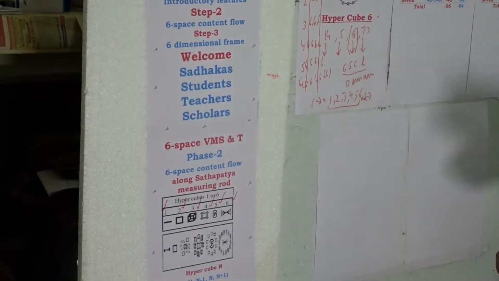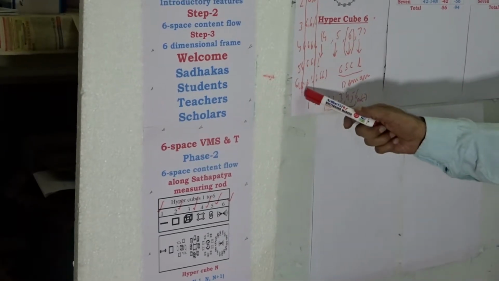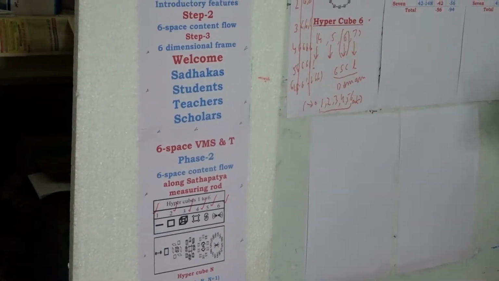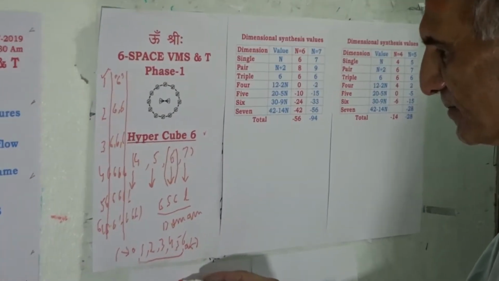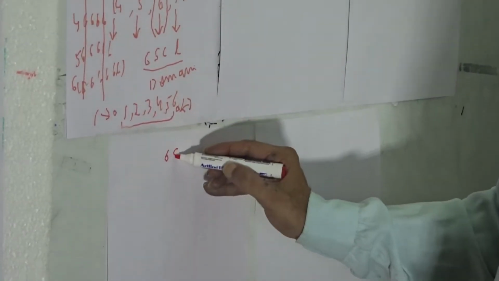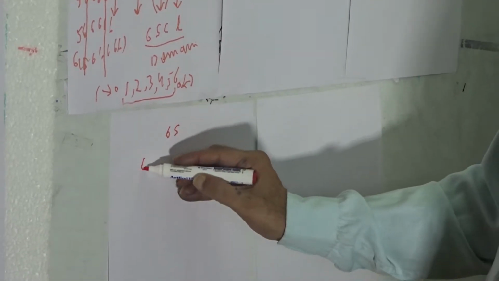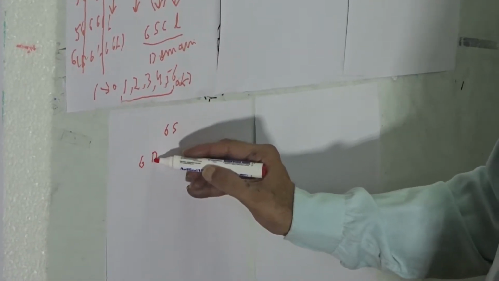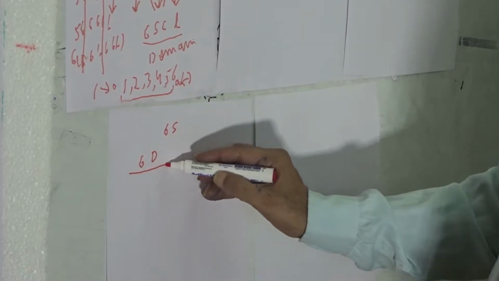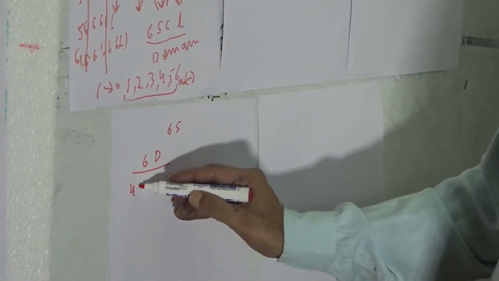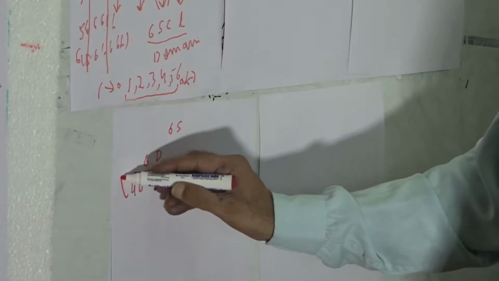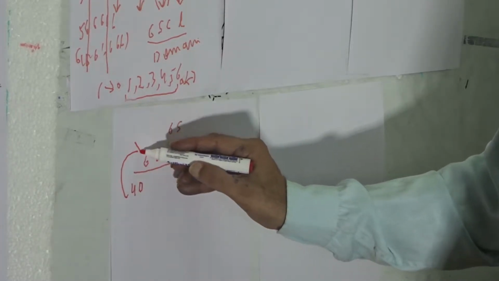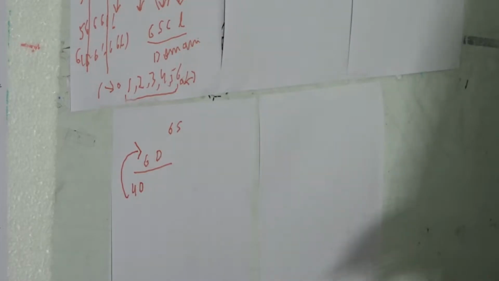Now this hypercube 6 as such is a dimensional frame. 6 space is having 6 dimensions. Now each dimension is 4 space because these are creative dimensions. So 4 space is playing the role of dimension of a 6 space.